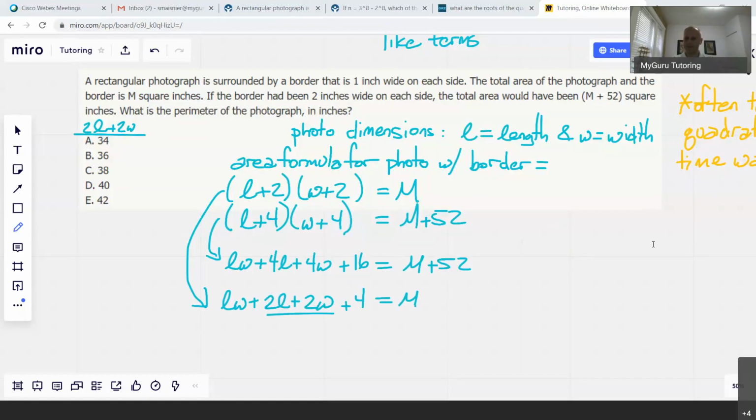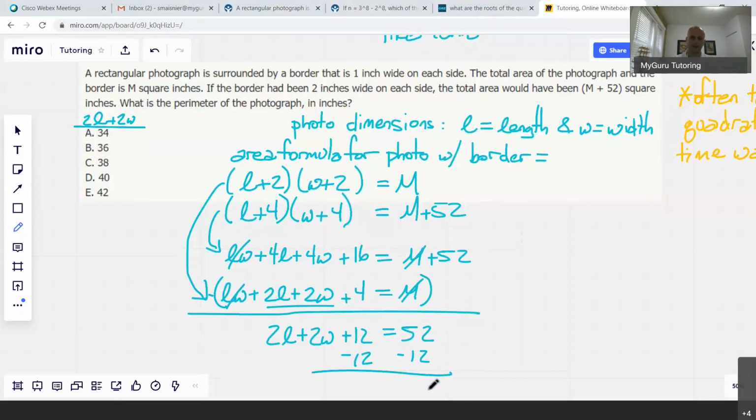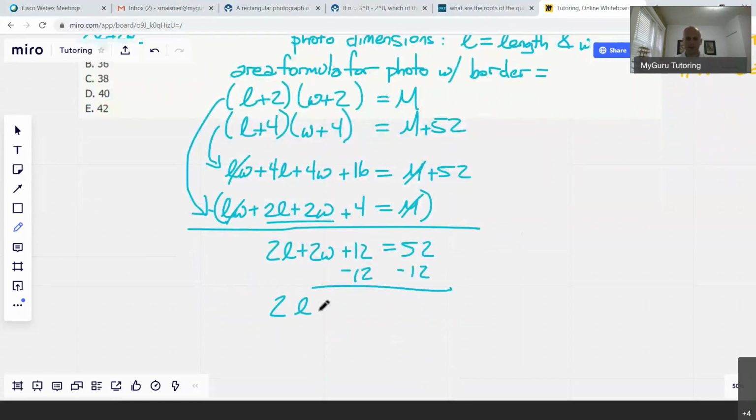And yep, so we subtract the equations as has been suggested, because if we subtract, and remember you have to apply the distribution all the way through of that subtraction, we know that the LWs are going to cancel out. 4L minus 2L becomes just 2L. 4W minus 2W becomes just 2W. 16 minus 4, of course, is 12. And the Ms cancel out, and that's equal to 52. Then I can subtract the 12, and we get to a situation where 2L plus 2W is equal to 40.